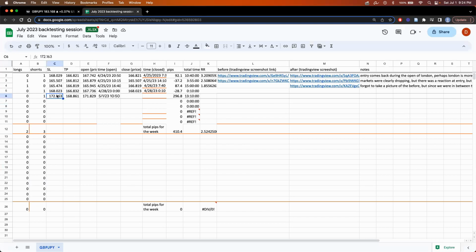So we do stop loss. And so even with the week having 3 losing trades, those 2 winners leaves us up 80 pips for the week.